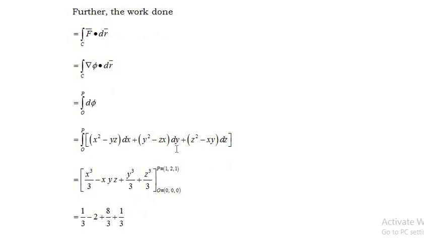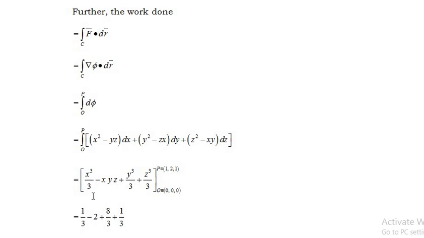Again, we have solved such type of problems. So this is exact in three variables x, y, and z. So the integration will be integration of the first bracket with respect to x, keeping y and z as constants.